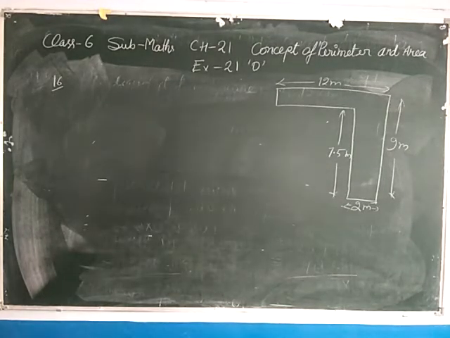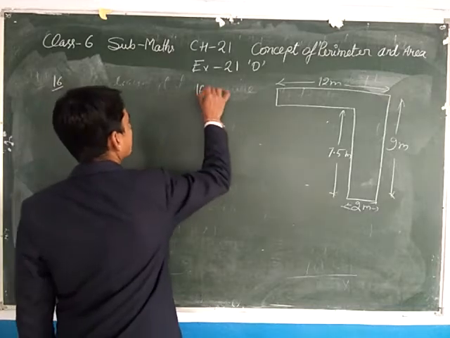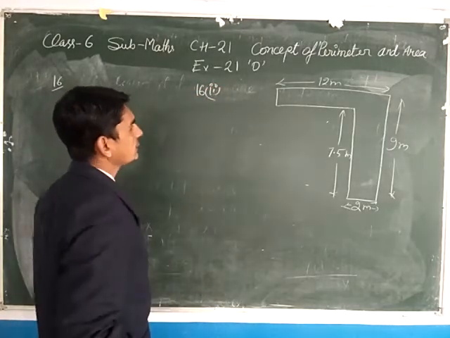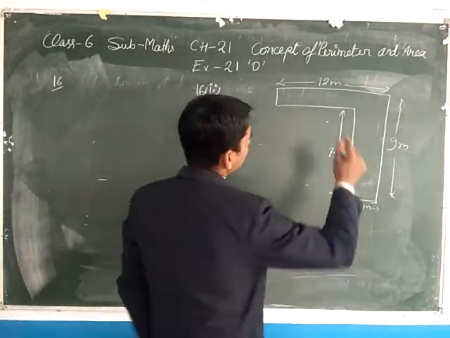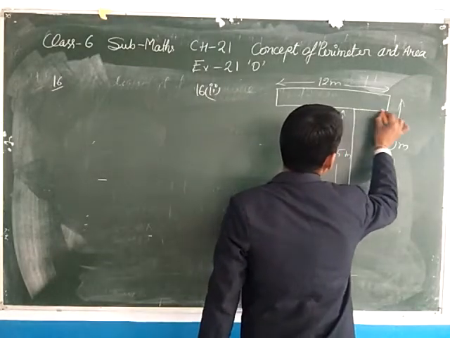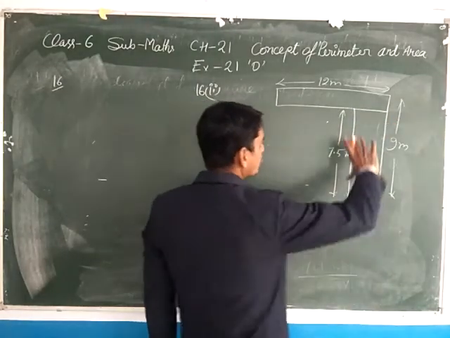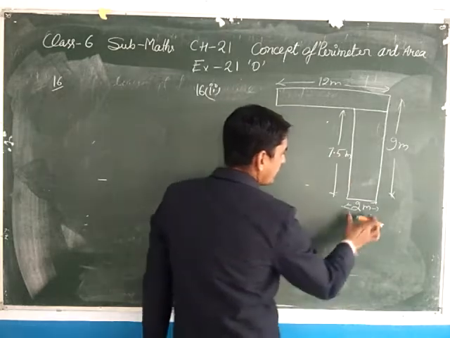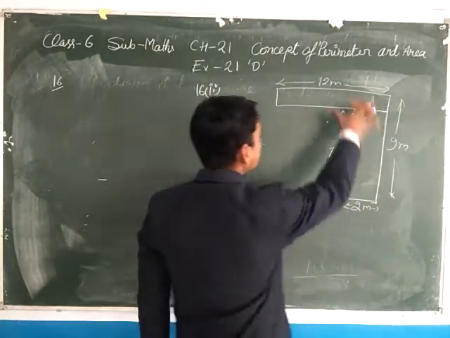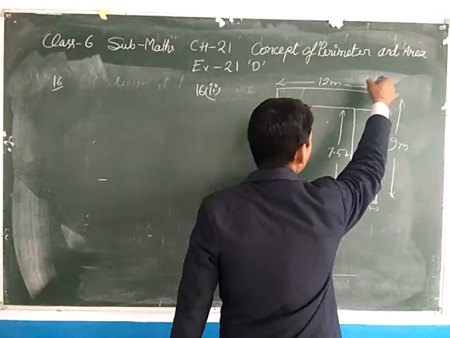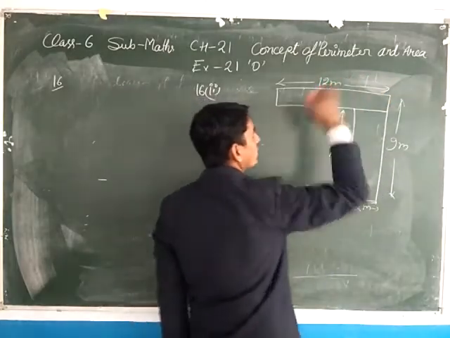Now see the second part of question number 16, and the second part is this. Suppose we meet here. So this length is 7.5 and width is 2 meter. This length is 12 meter but the width is not given.